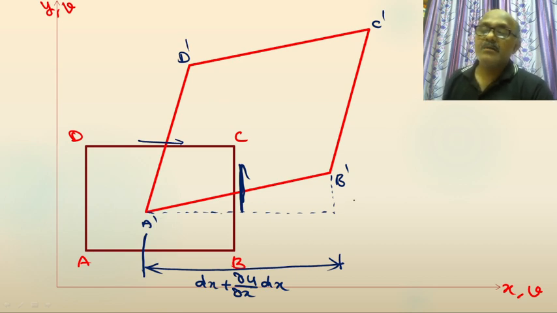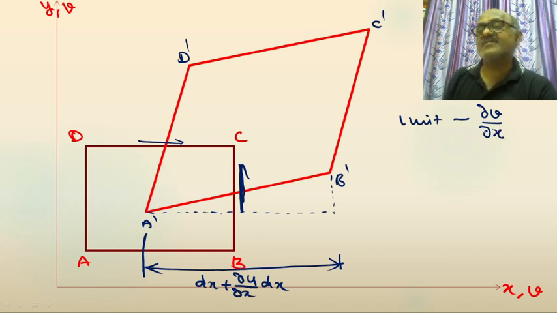Now, 1 unit displacement in the y-axis direction is dou v by dou x, because the point A is displaced in the y-axis direction also.